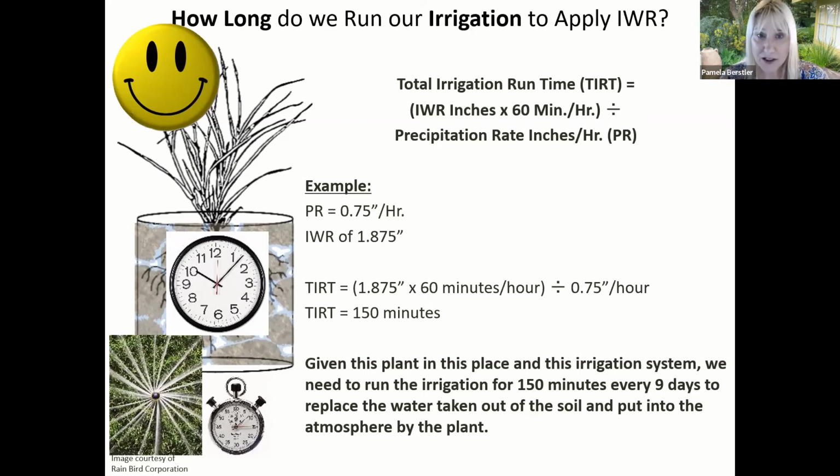And when we put that into the formula, we find out that we need 150 minutes to run this irrigation system that is applying water at 3/4 of an inch per hour in order to get that 1.875 inches of water delivered onto the landscape, so that we get the actual water requirement that the plants need.